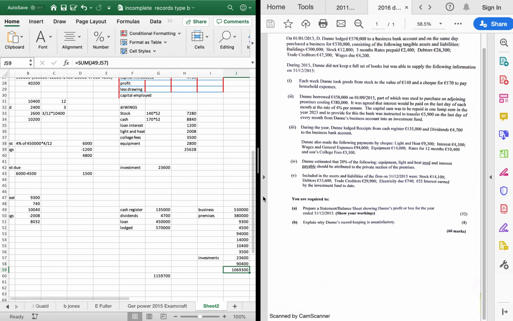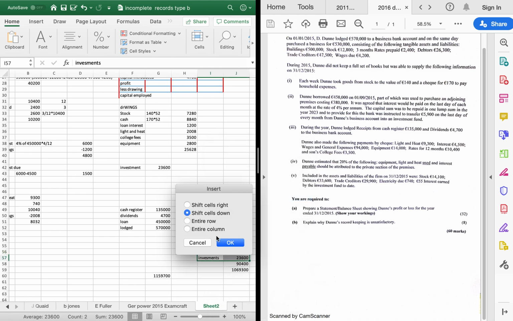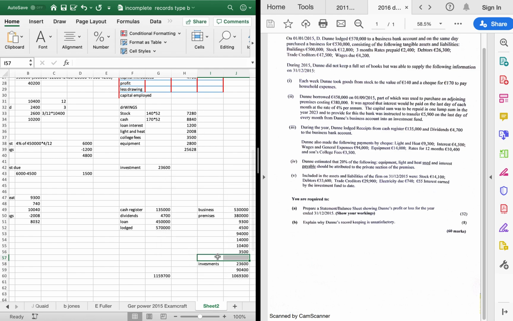I've left out the cash drawings as well, of course. Silly me, sorry. So the cash drawings were 8840.